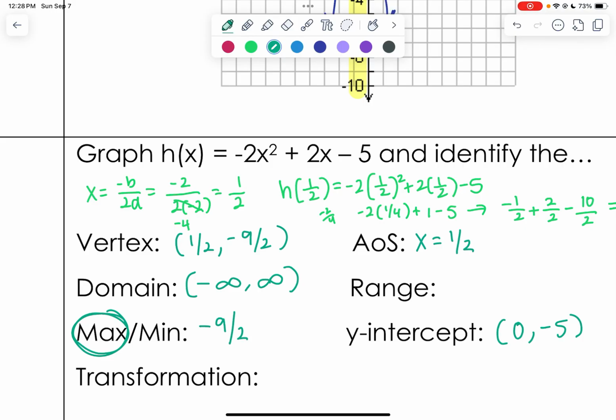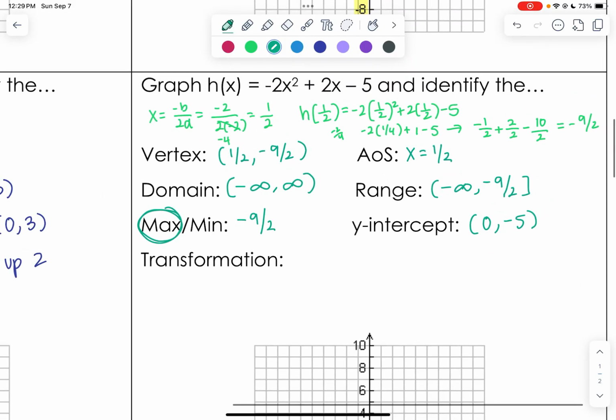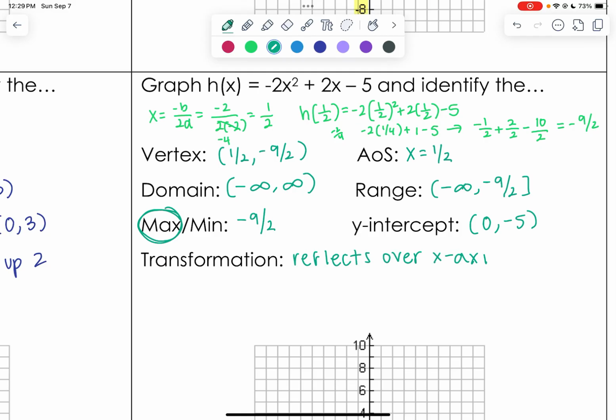And because it's going down, that means that your range is going to start at -infinity and go up to -9/2. And then for transformation rules, that negative is going to reflect it over the x-axis. That 2 is going to make it vertically stretched. And hopefully you're getting kind of faster at these transformation rules.